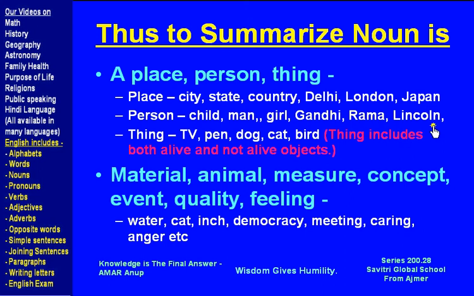Nouns identifying a thing are TV, pen, dog, cat, bird, and as I said, things include both alive and not alive objects by some definitions. And then a noun identifying material is water, and there are many more examples. A noun identifying an animal is cat. Inch is a measure. Democracy is a concept. Meeting is an event. Caring is a human quality, and anger is a feeling. So all these are nouns.